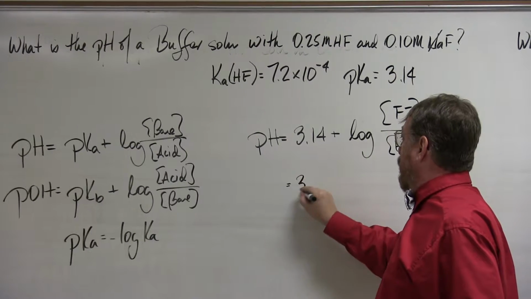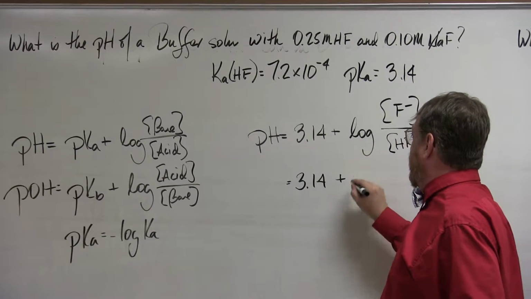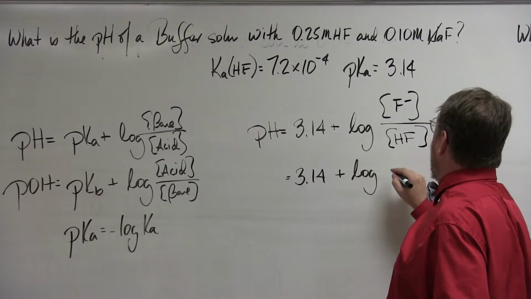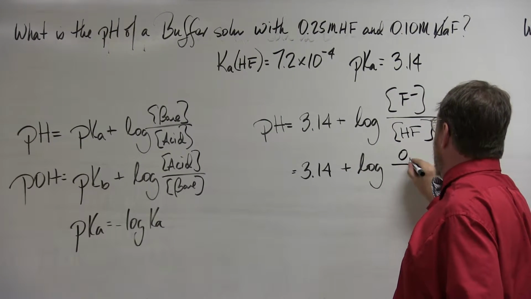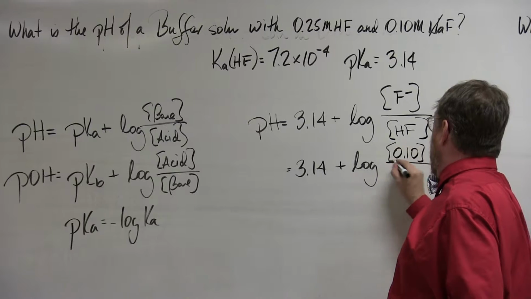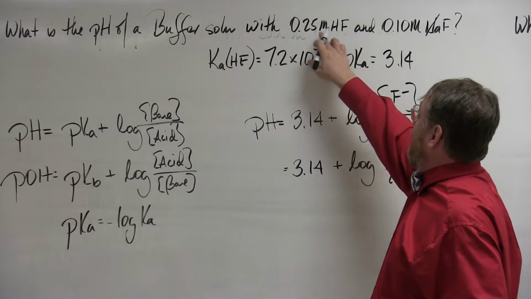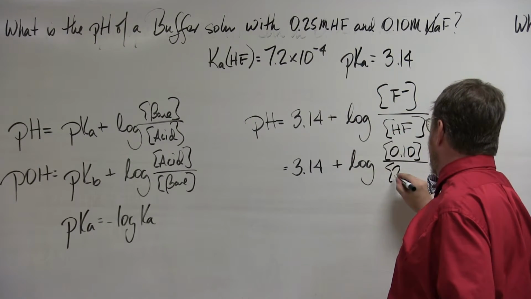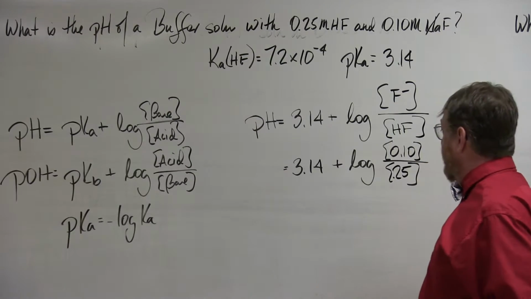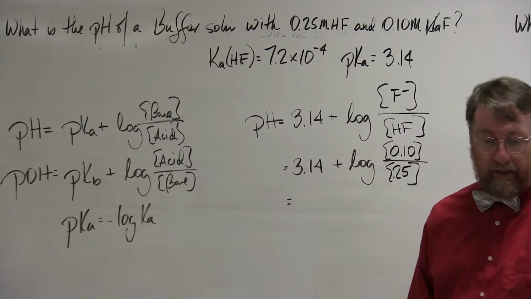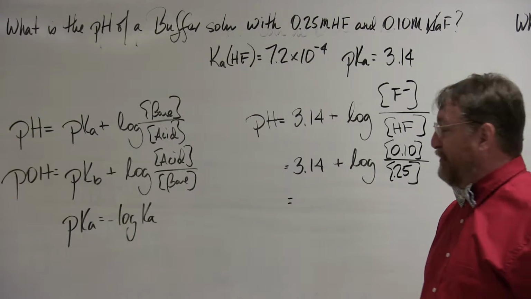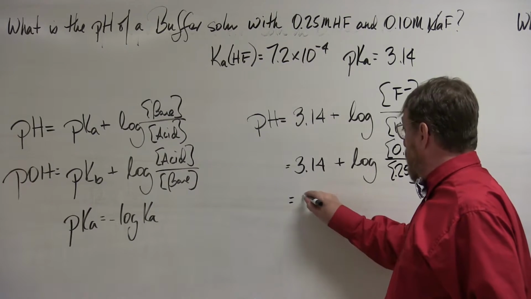So that's going to be 3.14 plus the log of 0.1 molar is the F minus. And then on the bottom, it's going to be the HF concentration, 0.25. Go through and do that calculation, and I'm going to get a pH of 2.74.